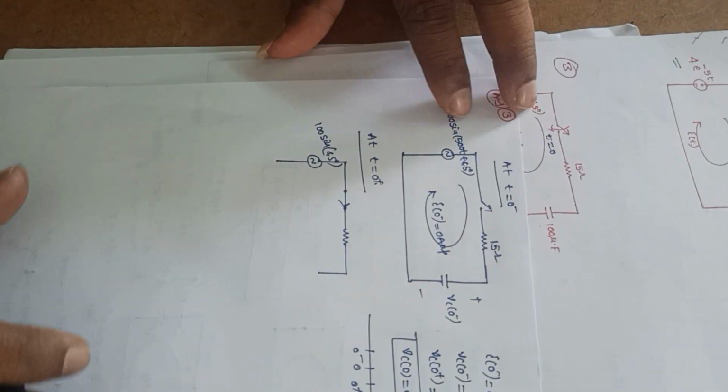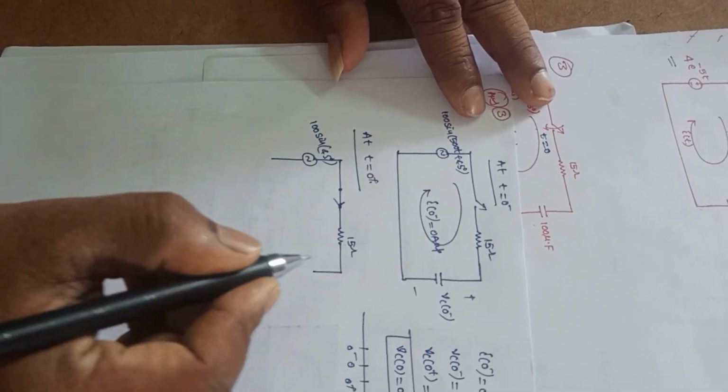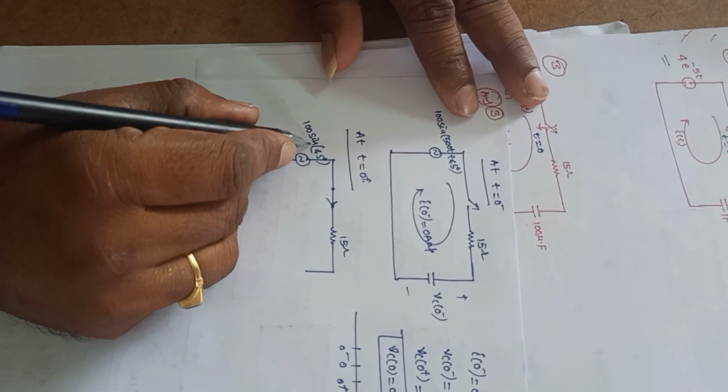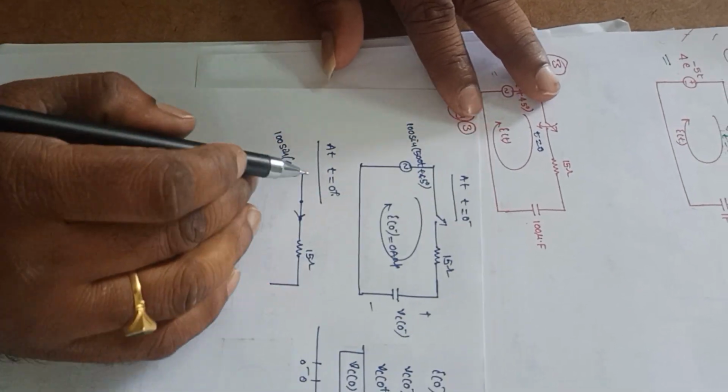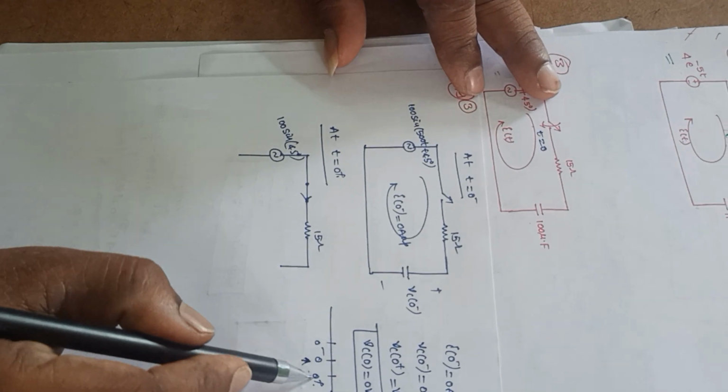At t is equal to 0 plus, this value is 15 ohms, and since sine of 45 at t is equal to 0 plus is almost at t is equal to 0 only.